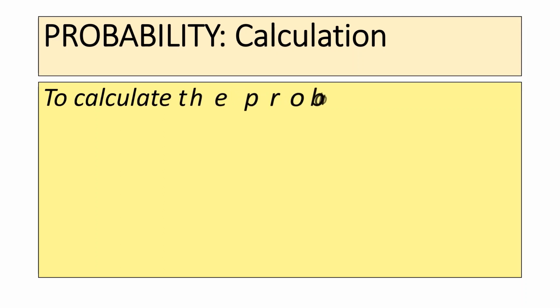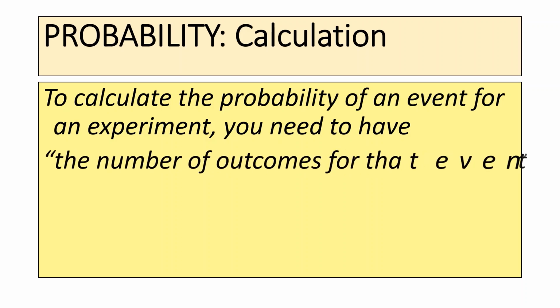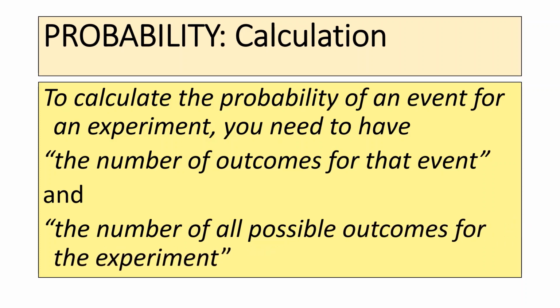To calculate the probability of an event for an experiment, you need to have the number of outcomes for that event, and the number of all possible outcomes for the experiment.